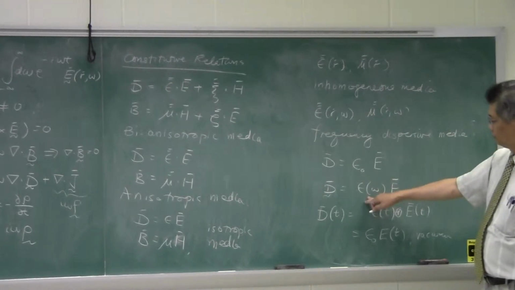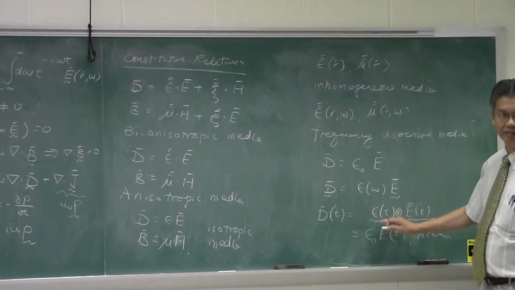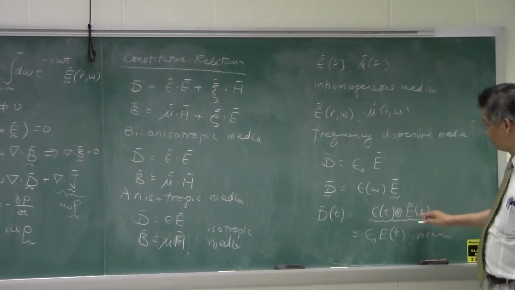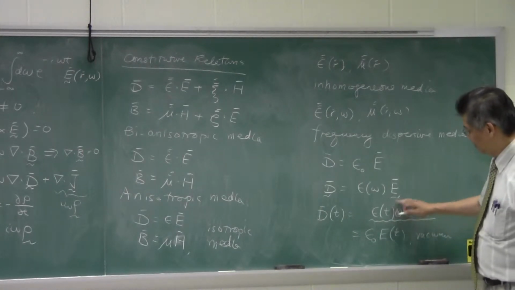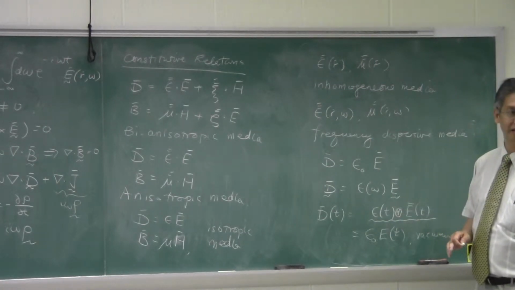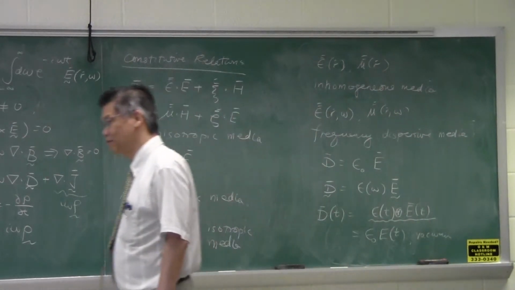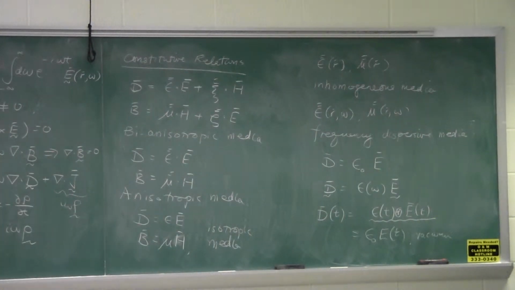However, if this is a function of frequency, it means that there will be some relaxation, some delay due to convolution. Whenever you apply an E, it has to relax through the system through a convolution before you give a D. And all material media are made of molecules and atoms.